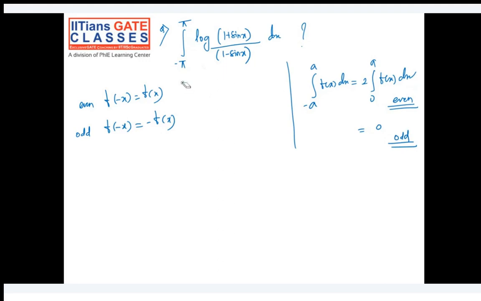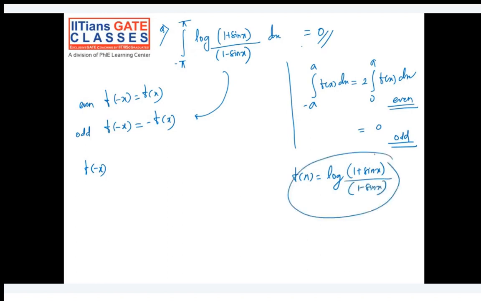What is f of minus x? f of minus x is log of 1 plus sine of minus x divided by 1 minus sine of minus x. Sine of minus x is minus sine x, so I will directly write here negative and write here positive. And now I should take minus common here.